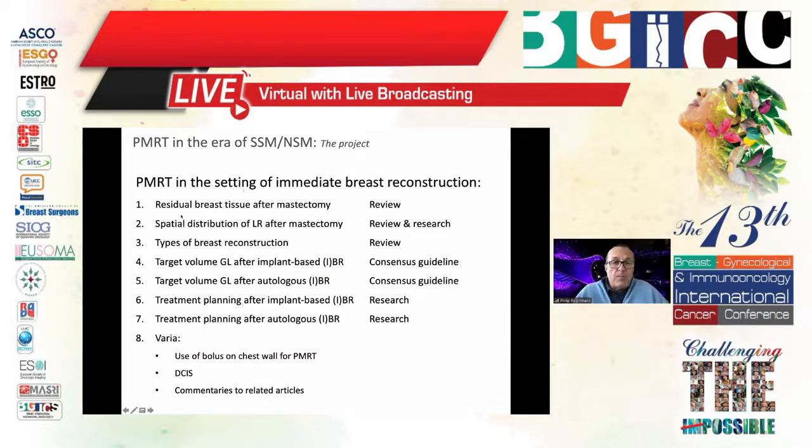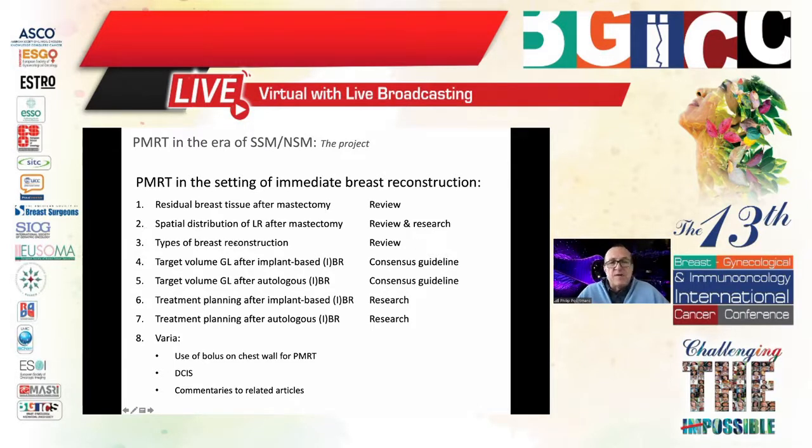And the components of the project, which is a PhD from Dr. Kaidar Person in Tel Aviv, Israel, a review about residual breast tissue after mastectomy, the spatial distribution of local recurrences after mastectomy. A component is a review already published, but we are working on several data sets to go more into detail.